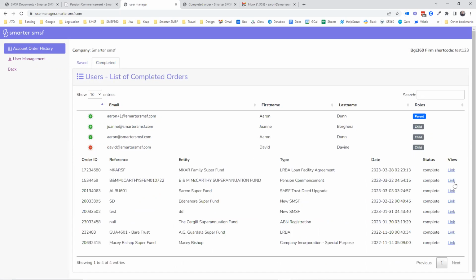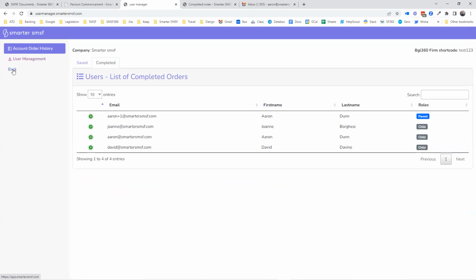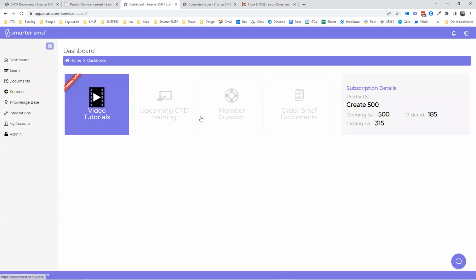Again, you can click on that individual staff member, and then you can download that particular document where that individual has now completed that information. So there's much more functionality, and we're continuing to build this area out, that is only available within the subscription, as opposed to on a pay-as-you-go basis.